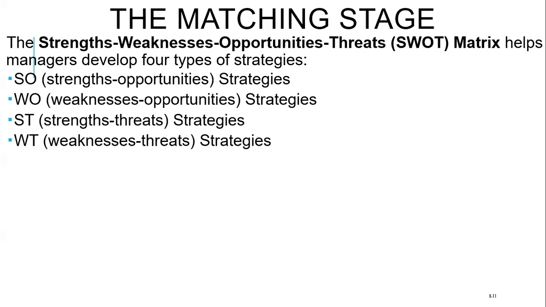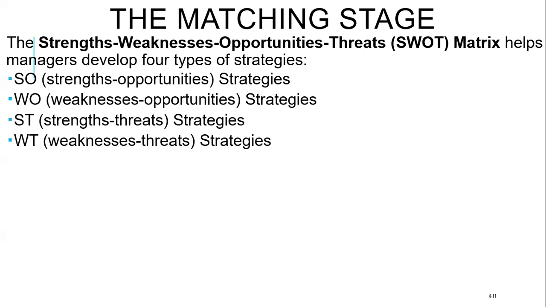So having a skilled labor shortage, which is a weakness, can be corrected with an opportunity granted by the government to offer training grants to enhance employee skills. So that will be a typical strategy when you are using the weakness opportunity option. Then there is also the strengths threats strategy.